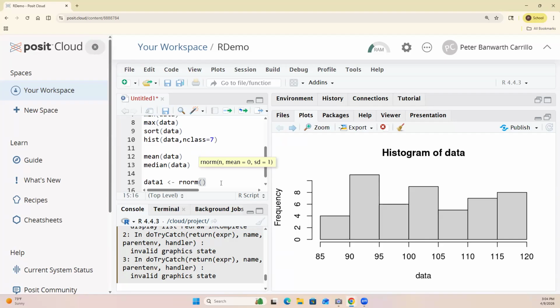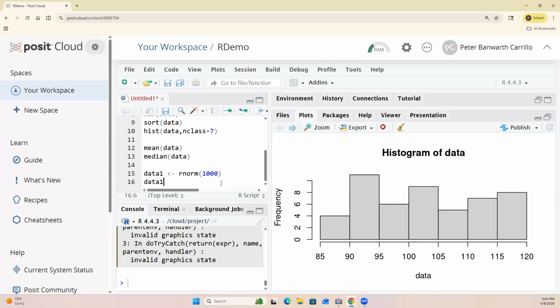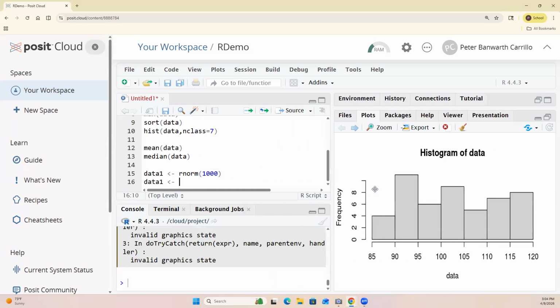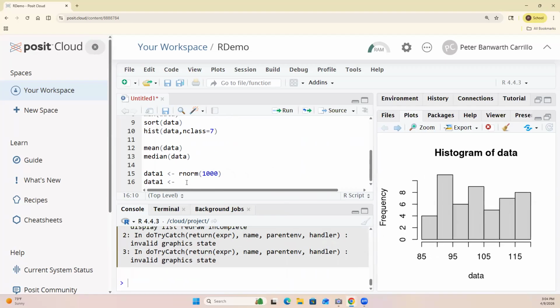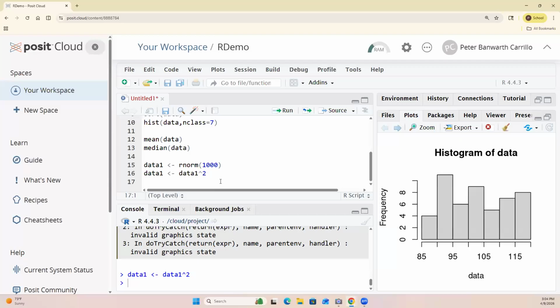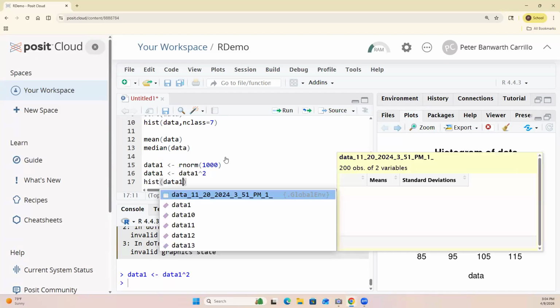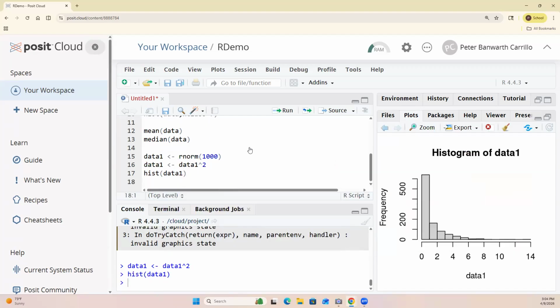So what I'm doing right now is I'm generating some data. I'm going to generate, let's do 1,000 observations. And then let's take a look at it. So this is completely valid data.